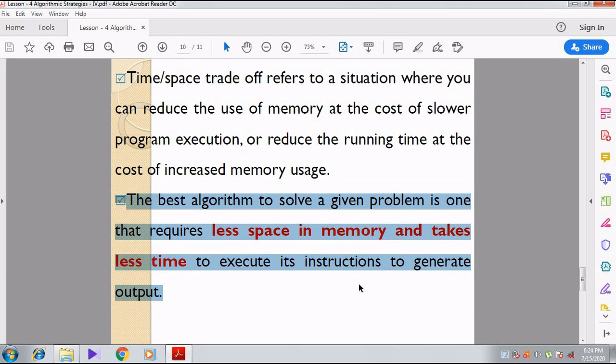Is it right or not? Yes, that is human nature. We used to go with the low cost. We will not go by whatever cost he says. Like that, here we try to use less space in memory and take less time. We want to solve the problem like that only. That is called the best algorithm, right?